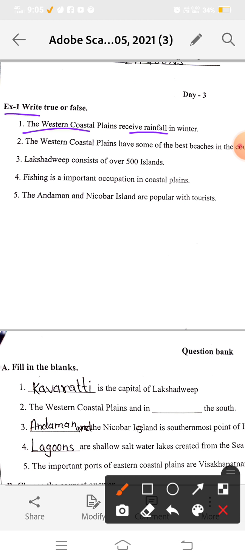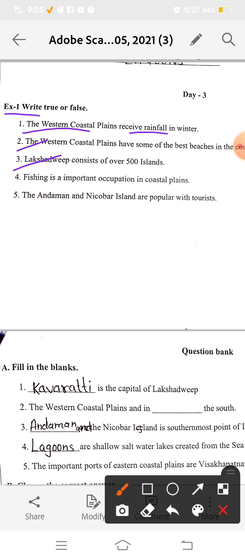Now the next is, the western coastal plains have some of the best beaches in the country. Yes, we have Juhu Beach. We have many beaches in Goa and Mumbai. So this statement is true. Now the third is, Lakshadweep consists of over 500 islands. No, this statement is also false. Why?